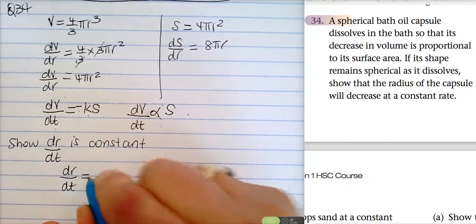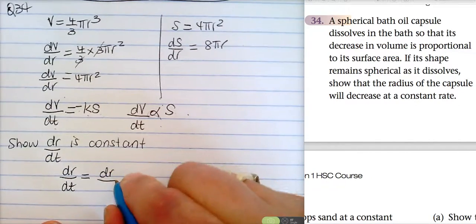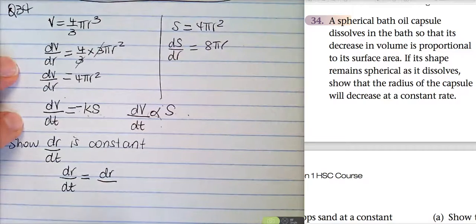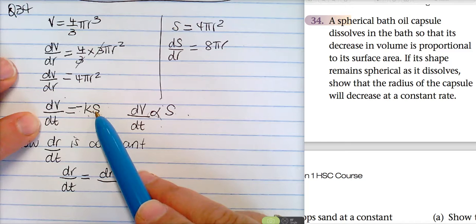dr/dt equals, any r's? dr/dV, I'm thinking, or dS. We don't have any other S's. And I can change this S to a 4 pi r squared, you know.